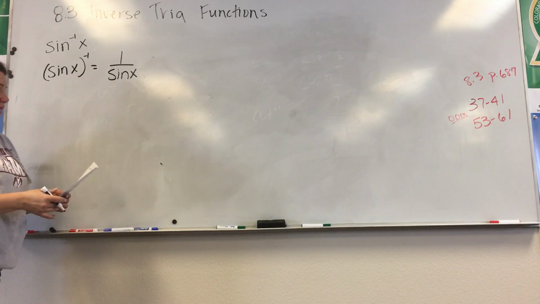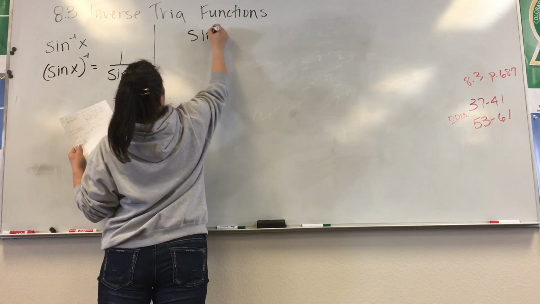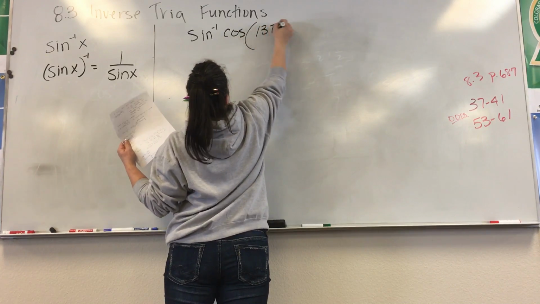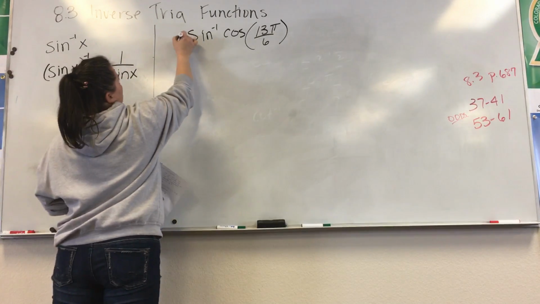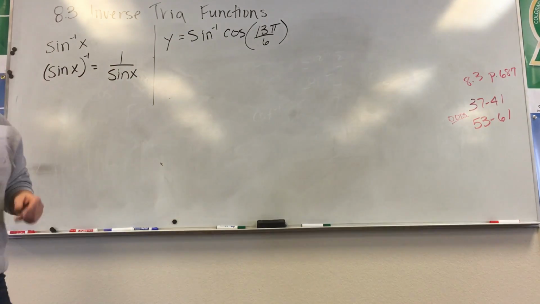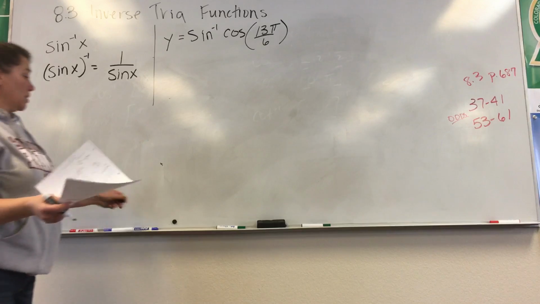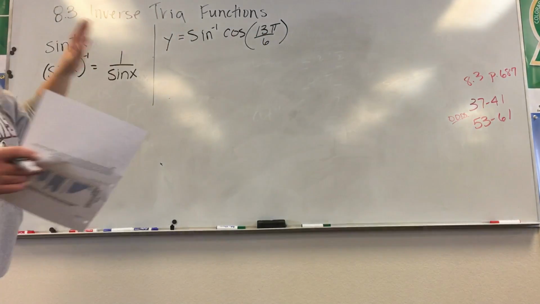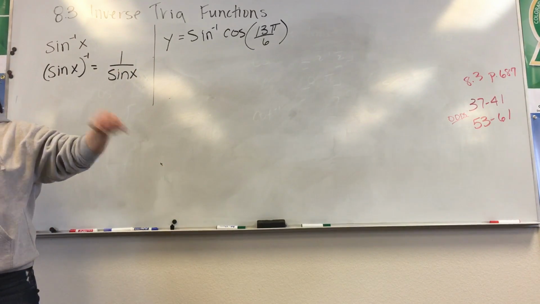Okay? Second cautionary tale. If you have this, a lot of you said yesterday, why can't I just put that on my calculator? Because you certainly can. You could do cosine of 13 times pi divided by 6, get that cosine, and then take the inverse sine of that. What happens when you do that?